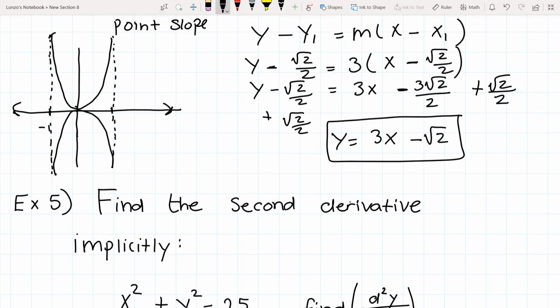Okay, so with this equation here, y equals 3x minus radical 2, at the point radical 2 over 2, radical 2 over 2. So where is radical 2 over 2? It's about right here. So that point would be right about here. And then if you graph that, it forms a tangent line like this.